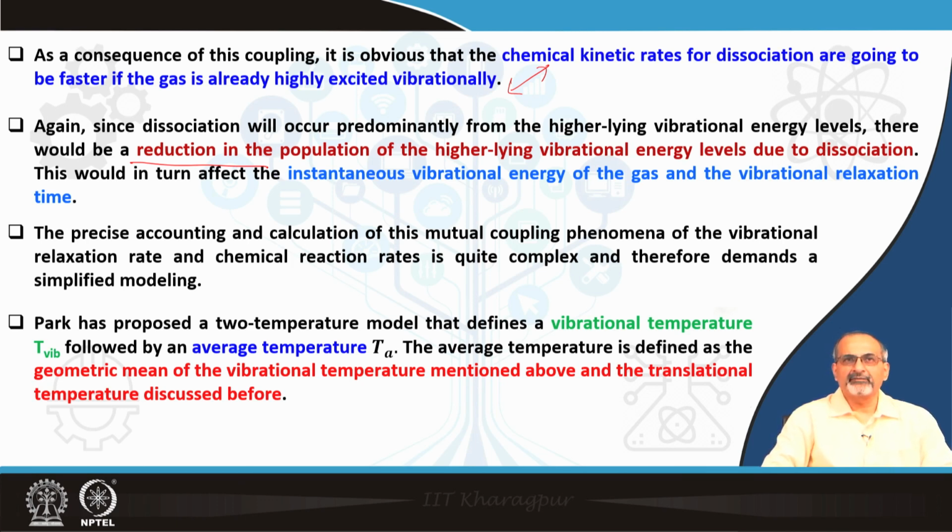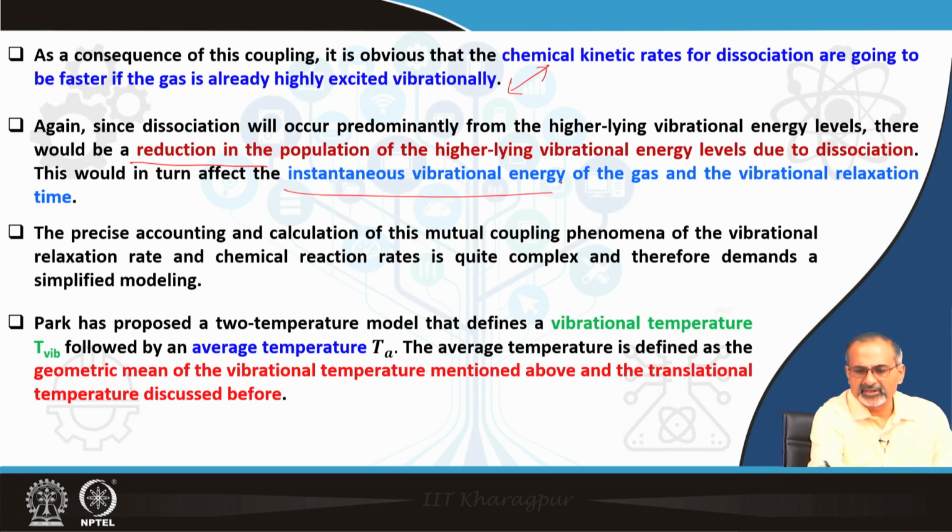This would in turn affect the instantaneous vibrational energy of the gas and the vibrational relaxation time as a consequence. Therefore, it all gets coupled up. The precise accounting and calculation of this mutual coupling phenomena of the vibrational relaxation rate and chemical reaction rates is very complex, and it demands a simplified modeling, and that is precisely what Park attempted to do.